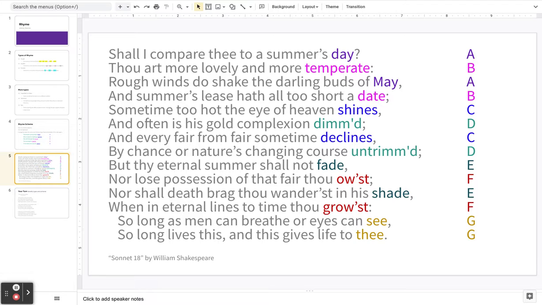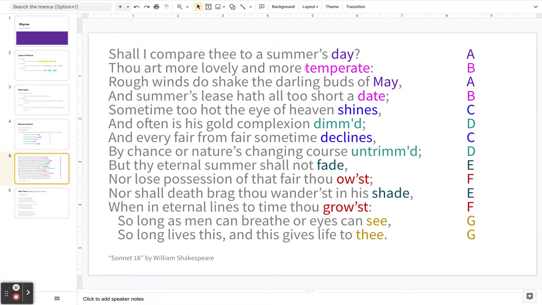So, shall I compare thee to a summer's day? Just happens to be the first one, so it happens to be A, but thou art more lovely and more temperate. Well, it's a different word, so it has a different letter. Rough winds do shake the darling buds of May. May and day rhyme together, so that's A and A. And summer's lease hath all too short a date.